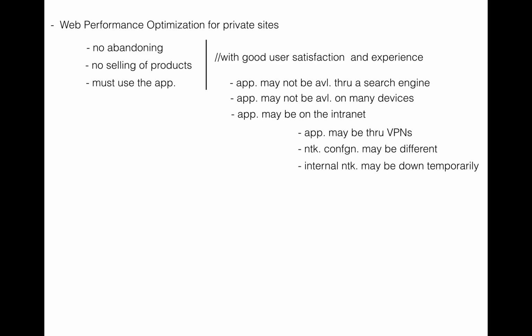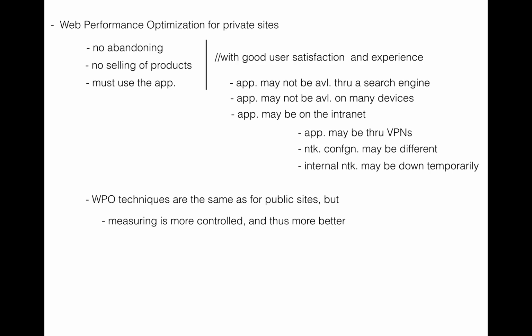Just like with any public site, we can apply the web performance optimization techniques for private sites as well, but with some minor differences. Number one, since these private sites are totally internal, there is more control, and hence measuring is more controlled, and thus the performance can be much better.